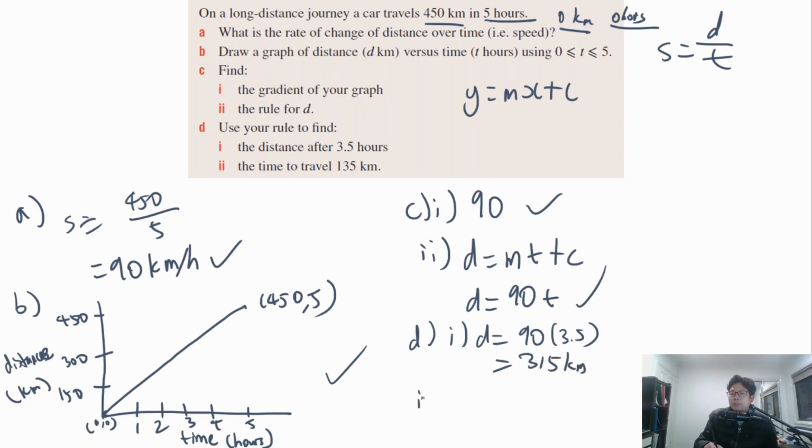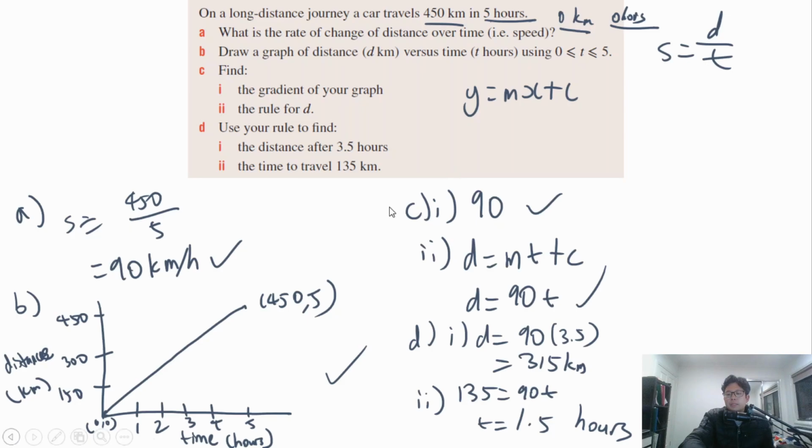And let's go to part 2, the time to travel 135 kilometers. So we're going to replace D with 135. 135 equals 90t. t equals 135 divided by 90, and that gives you 1.5 hours. Make sure you're including your units in your answers here as well.